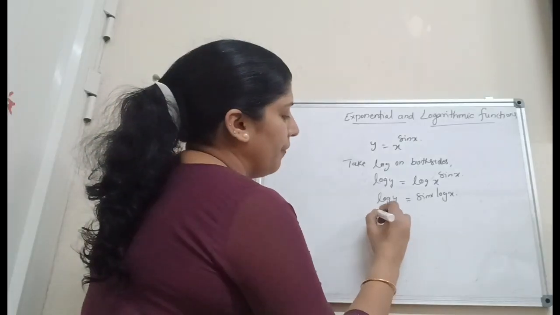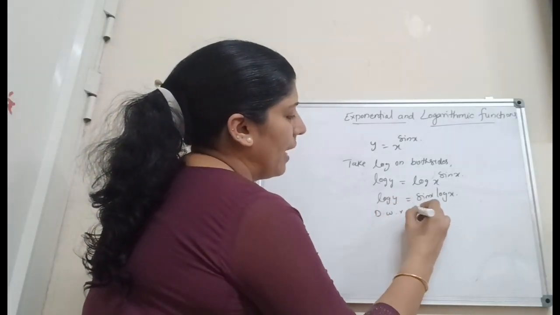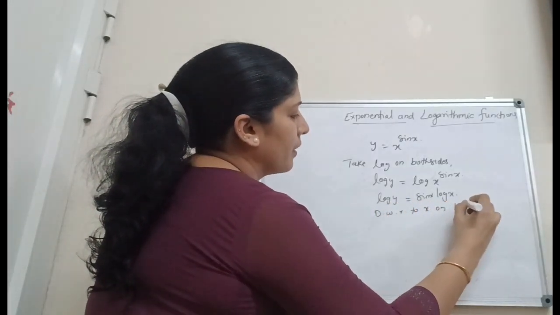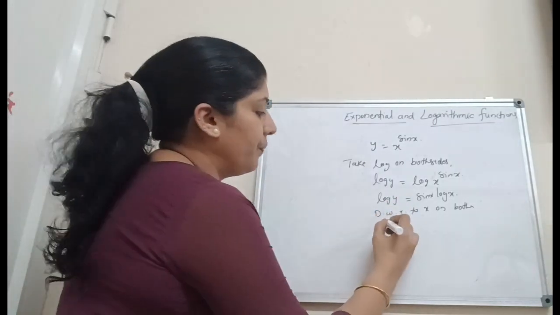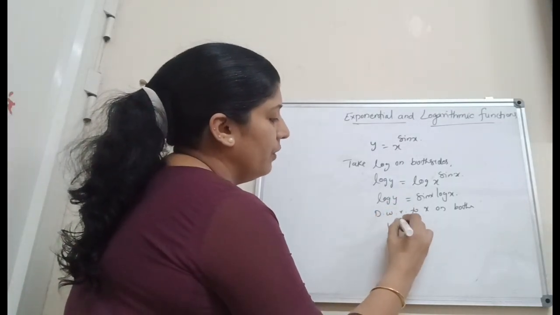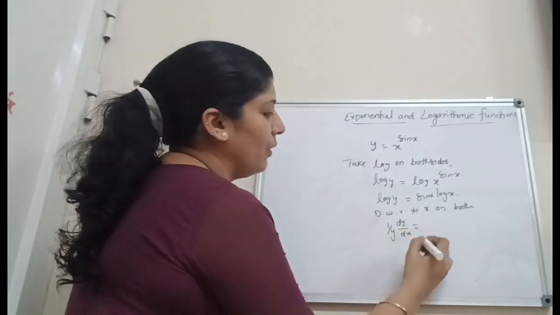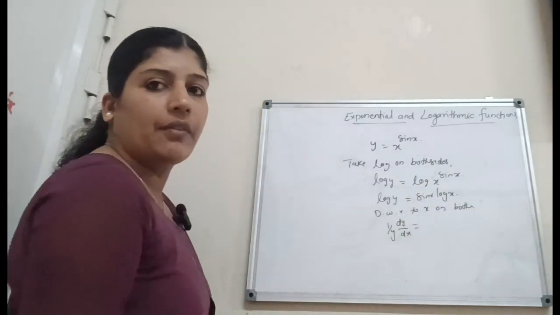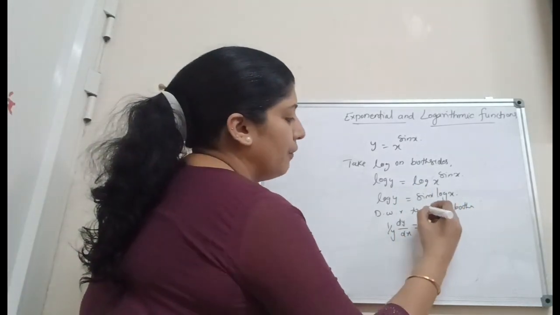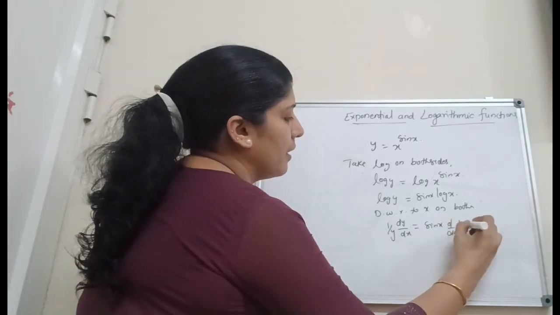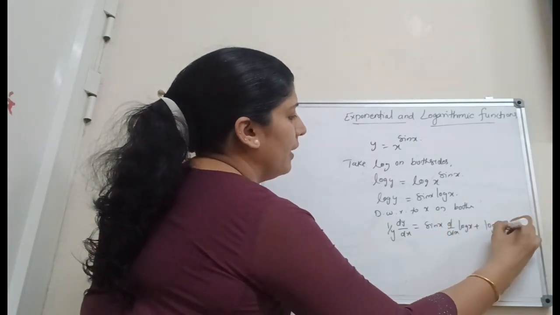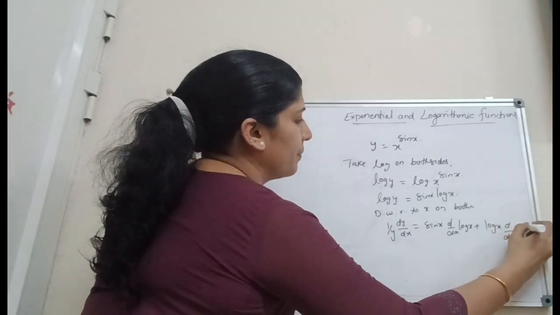Then next differentiate with respect to x on both sides. Therefore, d by dx of log y, that is 1 by y into dy by dx equal to, now here sin x into log x. Here we have to apply the product rule. That is here the first function is sin x into d by dx of log x plus log x into d by dx of sin x.